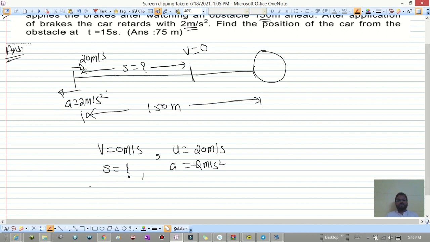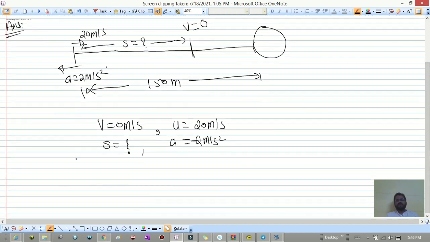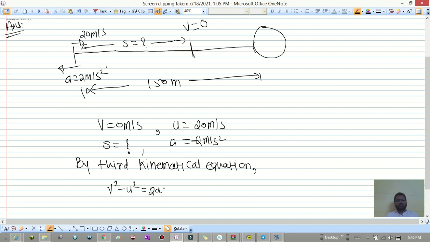So by the third kinematical equation, you can write over here v squared minus u squared is equal to 2as. We can write s is equal to final velocity squared, that is 0 squared, minus initial velocity squared, that is 20 squared, divided by 2 into a, where a is minus 2.